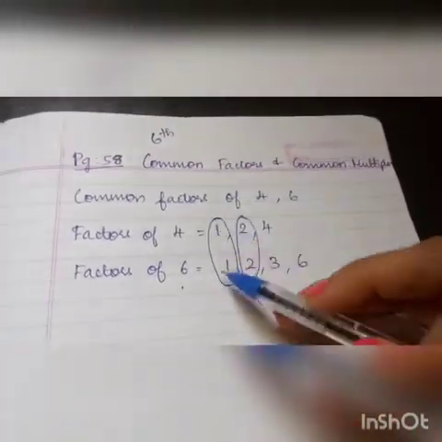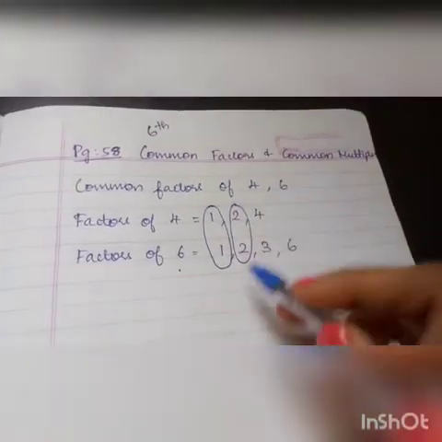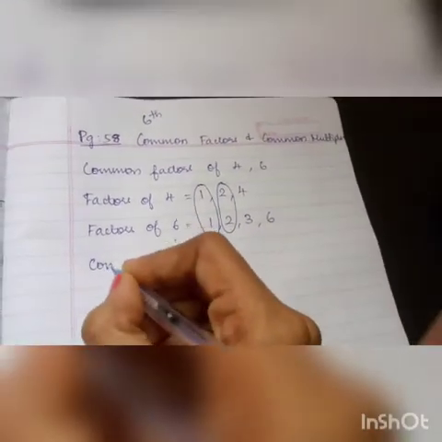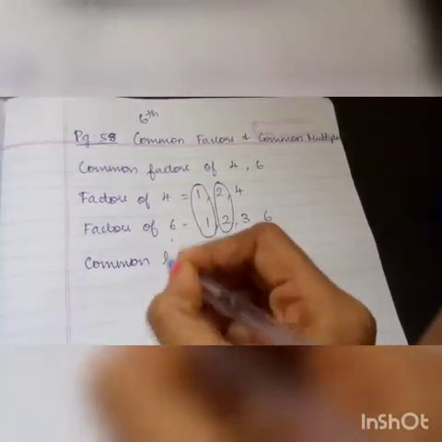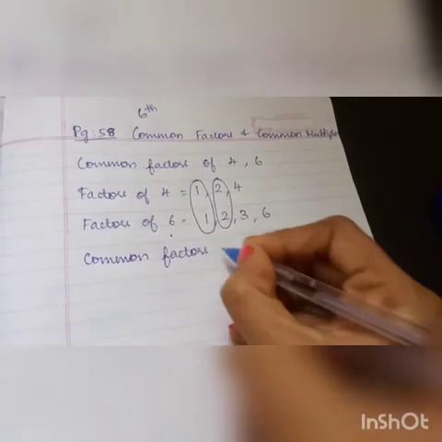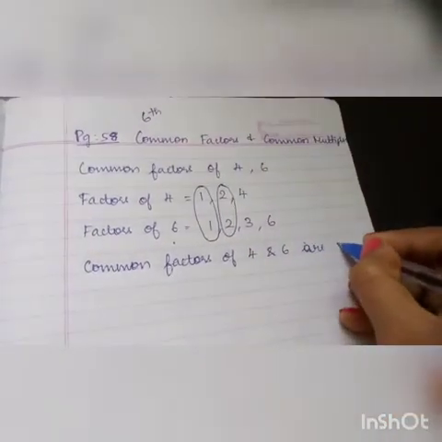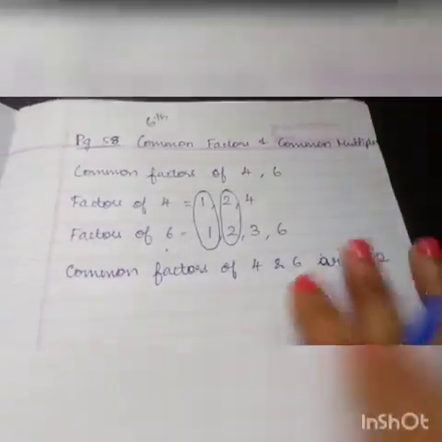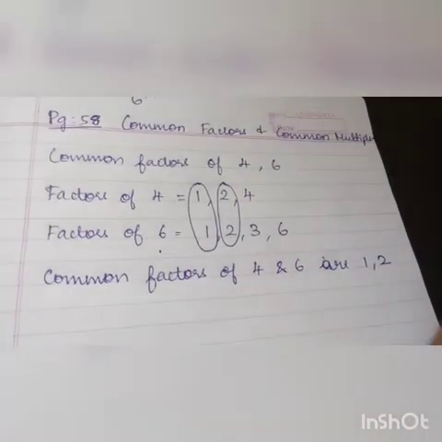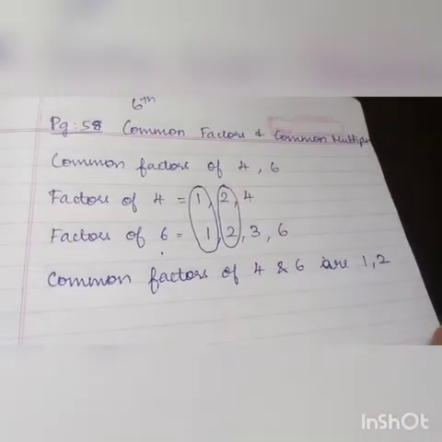So what are the factors common for both? 1 and 2. So the common factors of 4 and 6 are 1, 2. That's all. There are only two common factors, children. Other than this, there are no extra common factors. You should keep this in your mind.